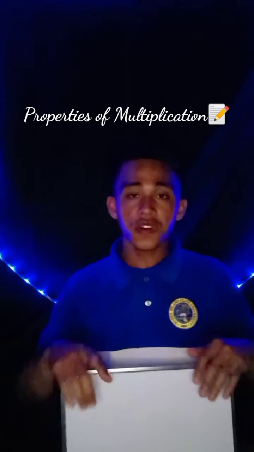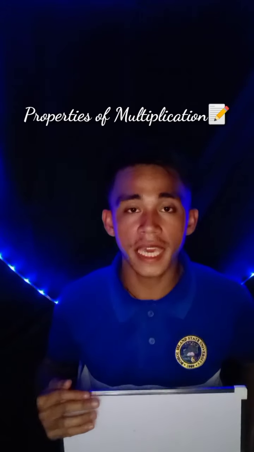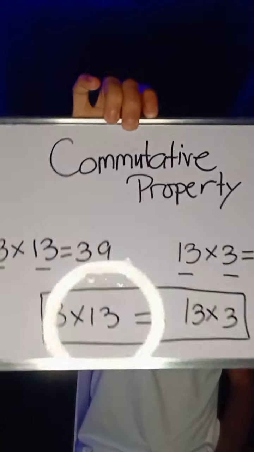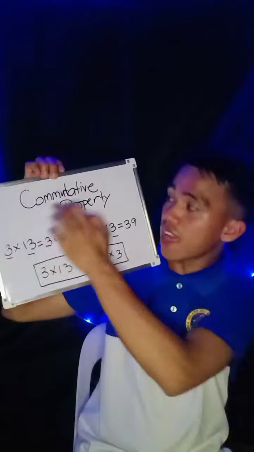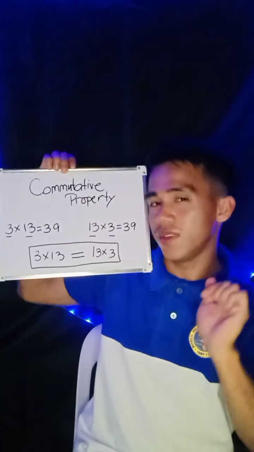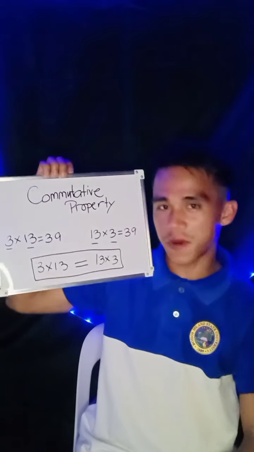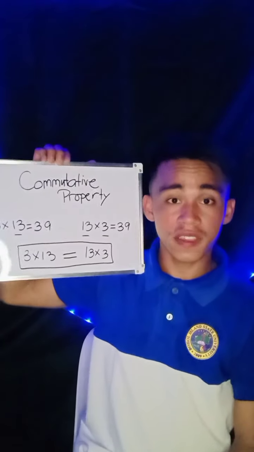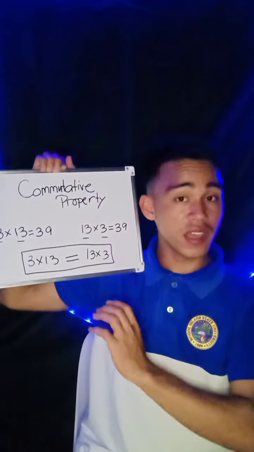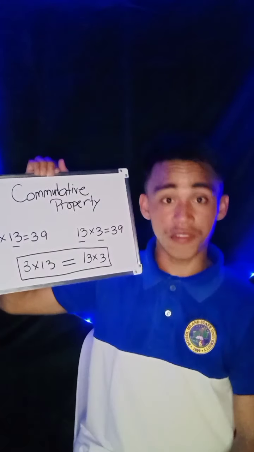Now, the first property of multiplication is the commutative property. Yes, commutative property. The commutative property tells that even if you change the factors, the product is still the same and not affected.